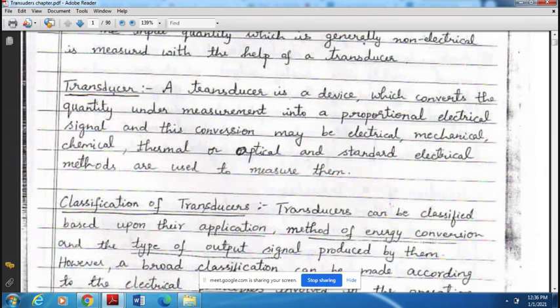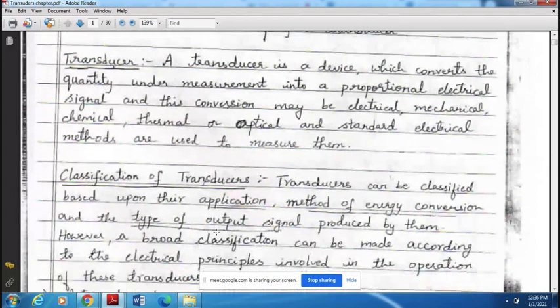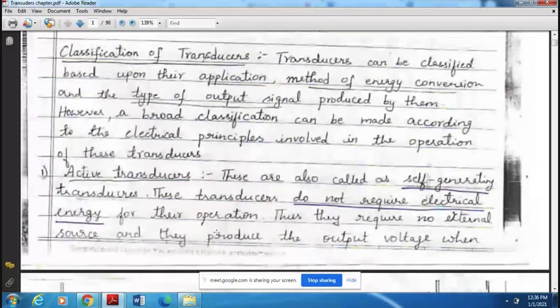In these transducers, some electrical parameters like resistors, capacitors, inductors are varied in accordance with the non-electrical quantity under measurement, and the variation in the output current is produced. So these non-electrical parameters, which require some external sources, will be activated by some external source. That is the difference between active transducers and passive transducers.